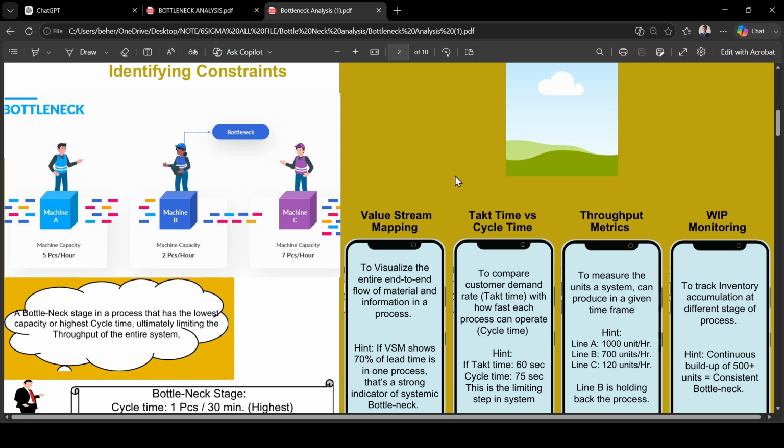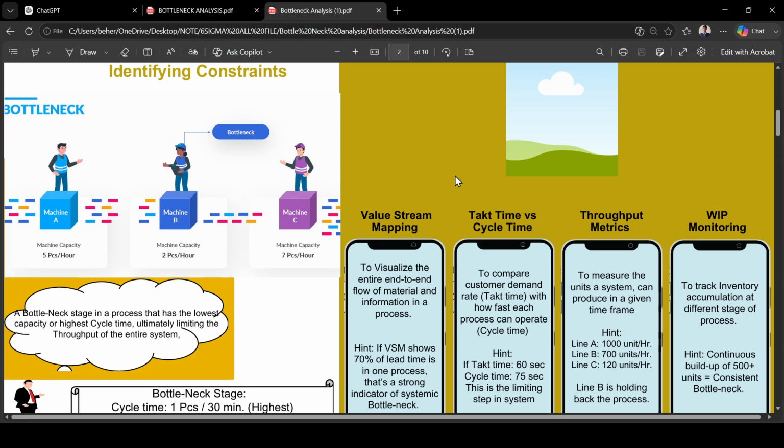entire end-to-end flow of material and information in a process, to compare customer demand rate, takt time, with how fast each process can operate, the cycle time, and to measure the units the system can produce in a given time frame.